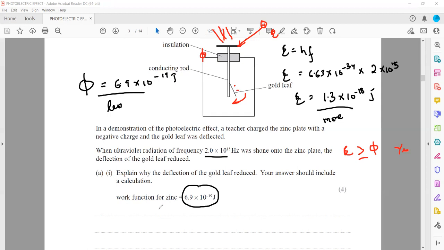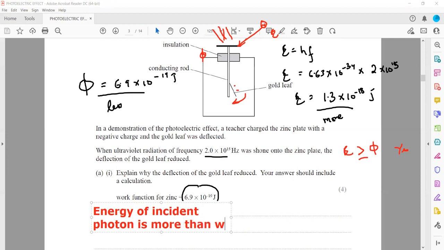So when there is a photoelectric effect, in the answer we will mention that the energy of the incident photon is more than the work function, the minimum possible energy to remove an electron.